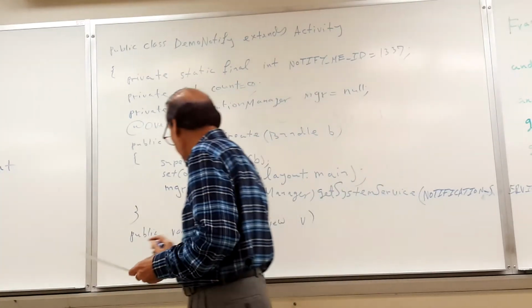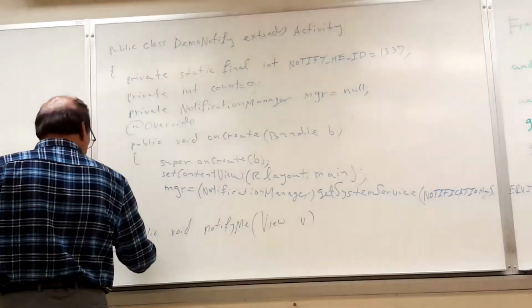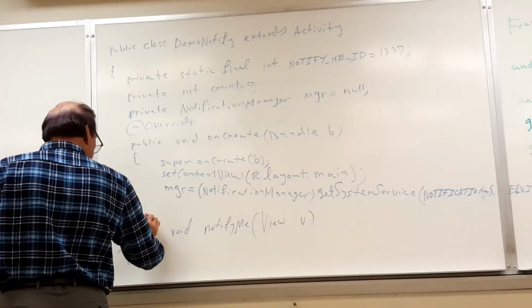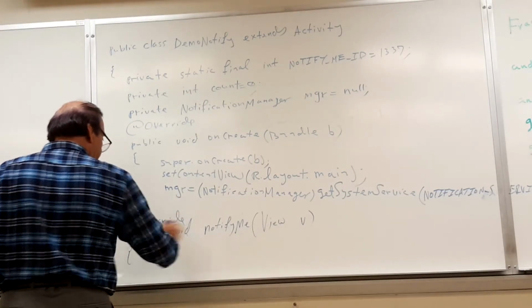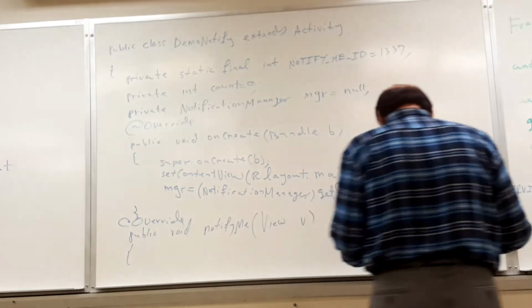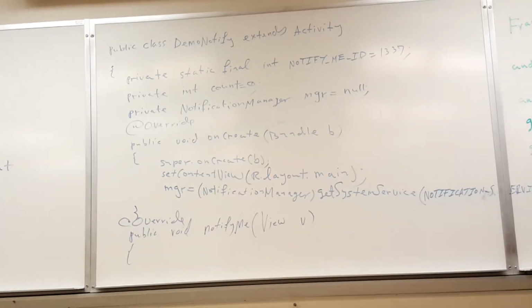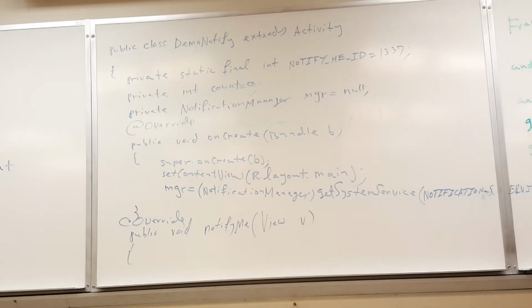Is that an override? We are overriding, oh yes. Okay? Now, see what we do in notifyMe. First of all, I need to create the object of notification, okay? And after that, do something.